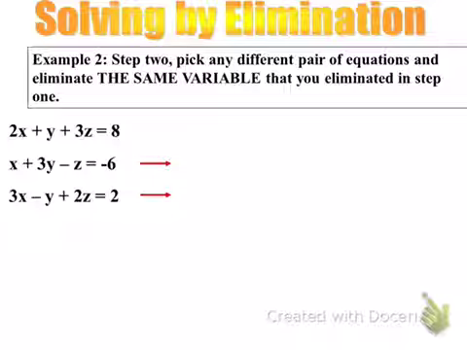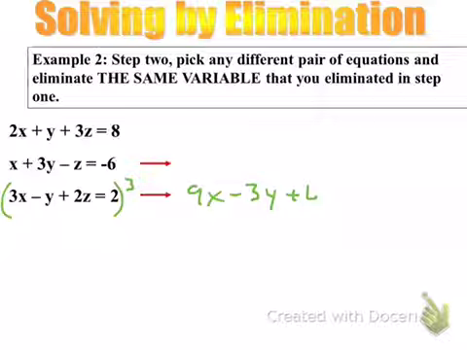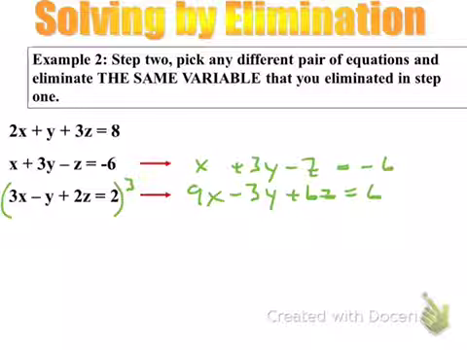I don't like the way this PowerPoint animates this because there are too many steps. If I multiply the bottom equation by 3, what do I get? 9x minus 3y plus 6z equals 6. And the other equation is x plus 3y minus z equals negative 6.